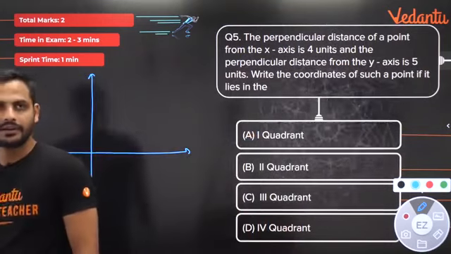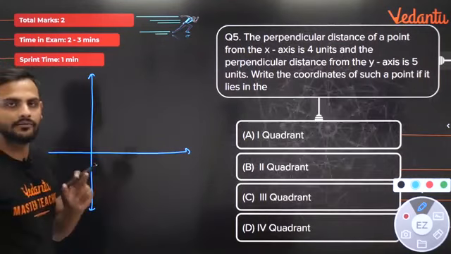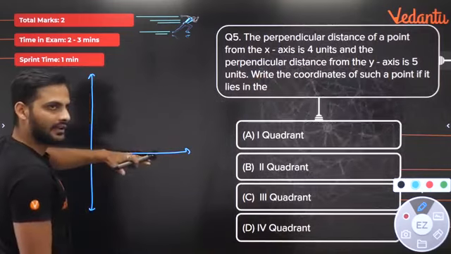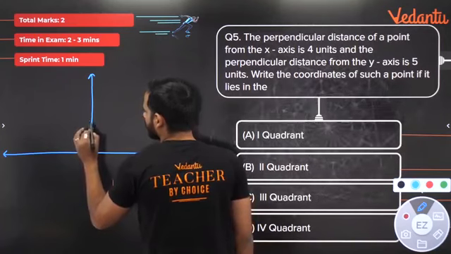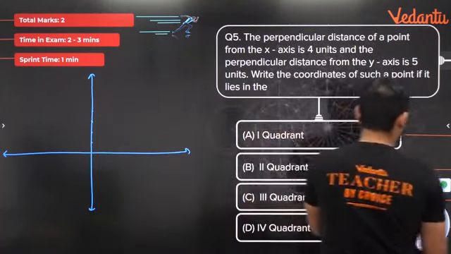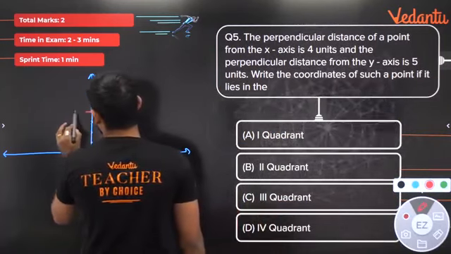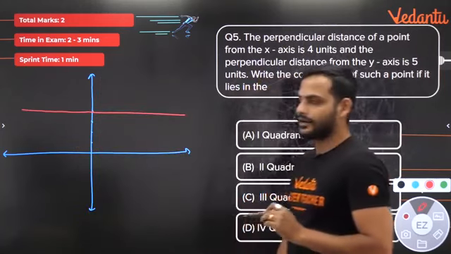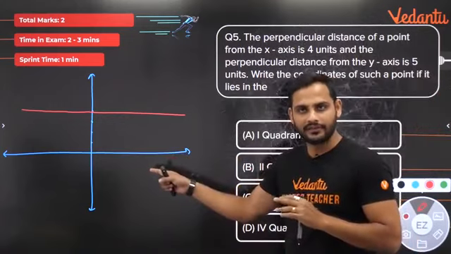Now see, a point is at a distance of 4 units from the x-axis. So this is your x-axis. From this x-axis, if the distance is 4 units, 1, 2, 3, 4, all the points on this line are at a distance of 4 units from the x-axis.